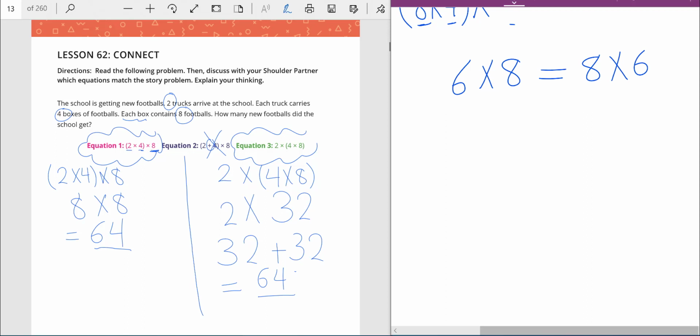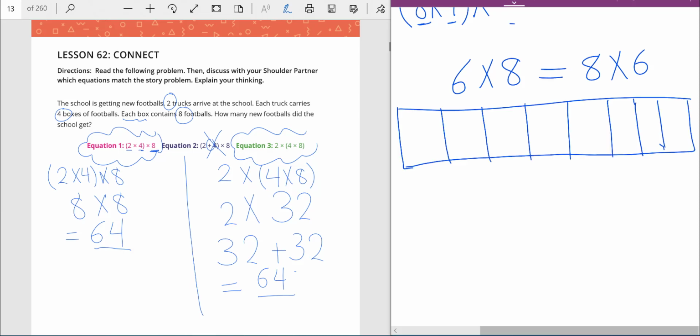Now we can draw a bar model to explain the meaning of the distributive property. We have 6, 1, 2, 3, 4, 5, 6, 7, and 8. Now we can break up this bar model in any place, for example after 3 here.